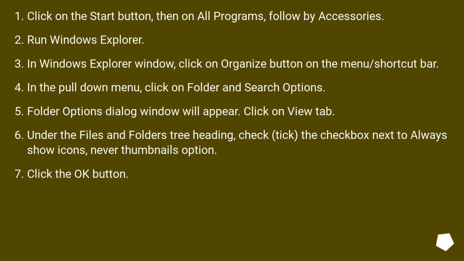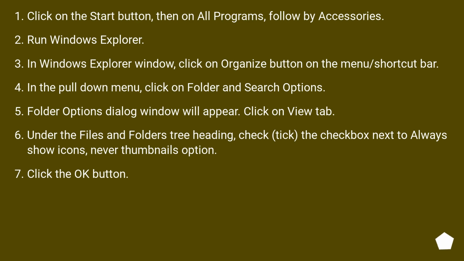Another option may be to simply turn off the display of thumbnail previews in Windows Explorer. Click on the Start button, then on All Programs, followed by Accessories. Run Windows Explorer. In the Windows Explorer window, click on the Organize button on the menu bar.